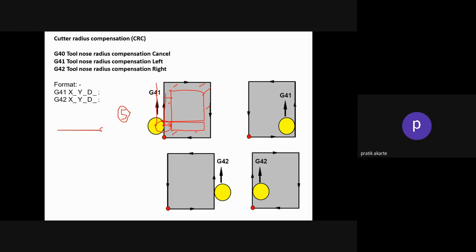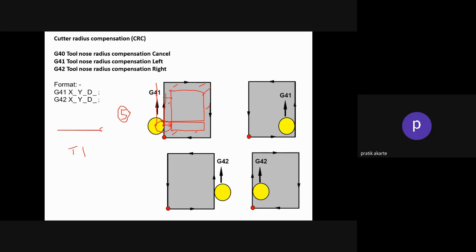Now because of this command, what happens? Let us say you are using tool 01, tool 1. In the program memory, it is mentioned that for tool 1, it is a milling cutter, and its radius is 5 millimeter. So whenever you select that tool and you use this G41 command, the tool will be offset towards the left by a distance equal to the radius of the cutter.